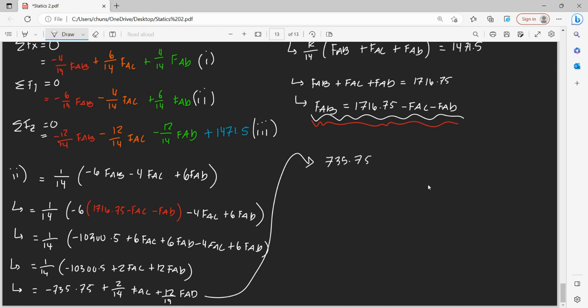0.75 equals, I'm going to factor that out again. That's 2 FAC plus 12 FAD. And let's multiply this by 14.